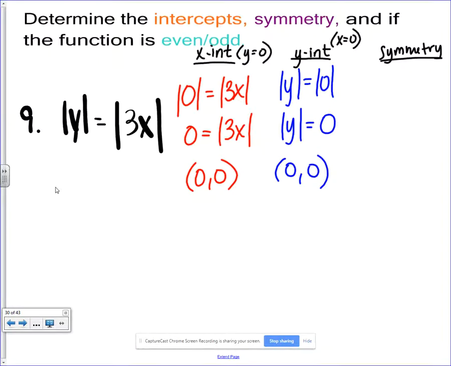All right, let's look at some symmetry here. What do you think? For sure, right? Because that absolute value takes the negative out.